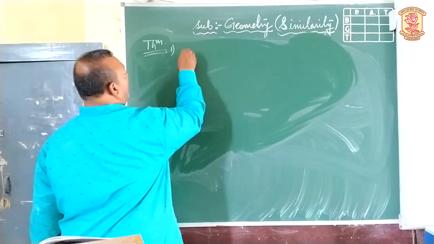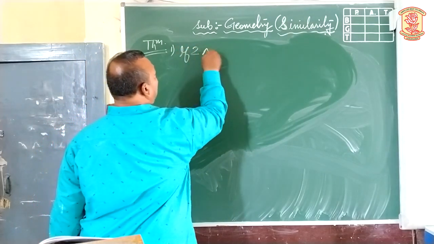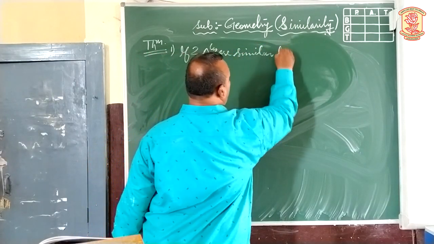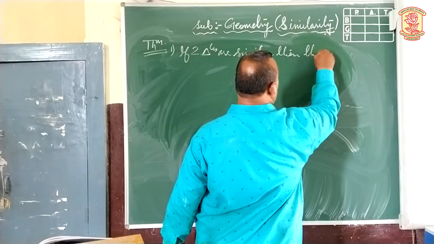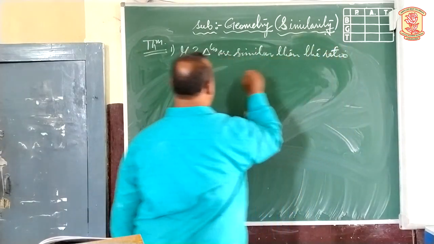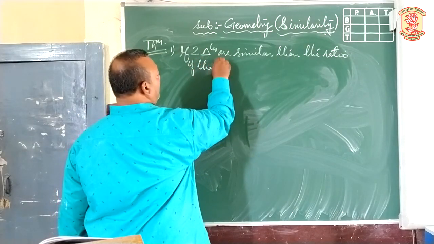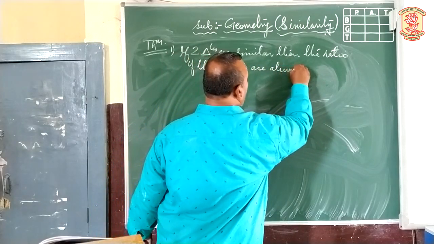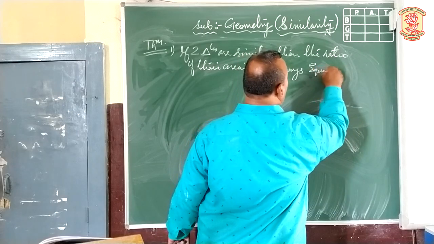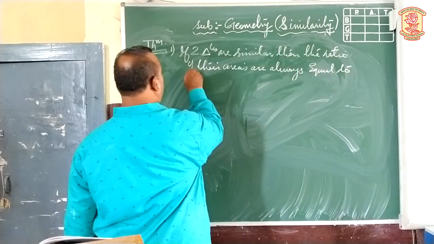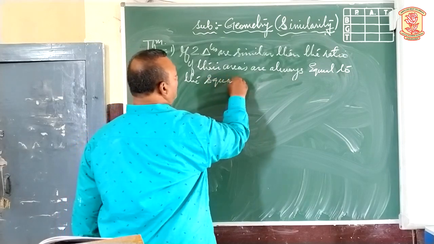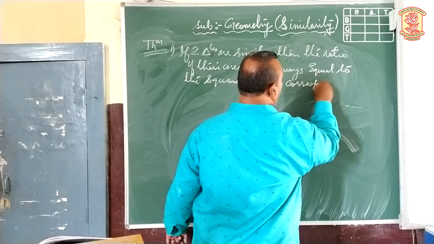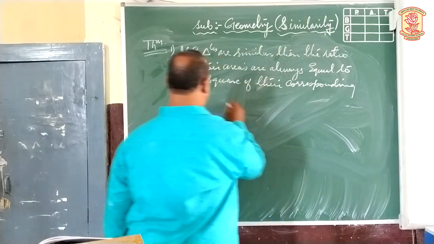Okay. First one, if two triangles are similar, then the ratio of their areas is always equal to the square of the ratio of their corresponding sides.